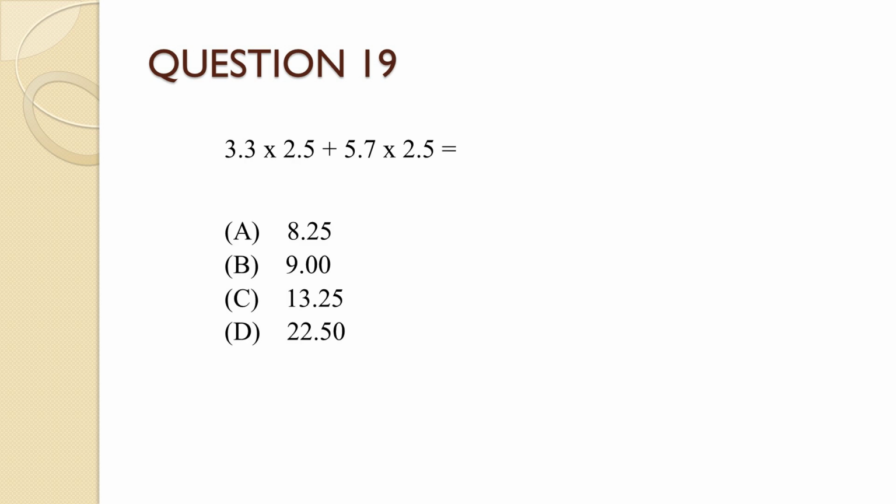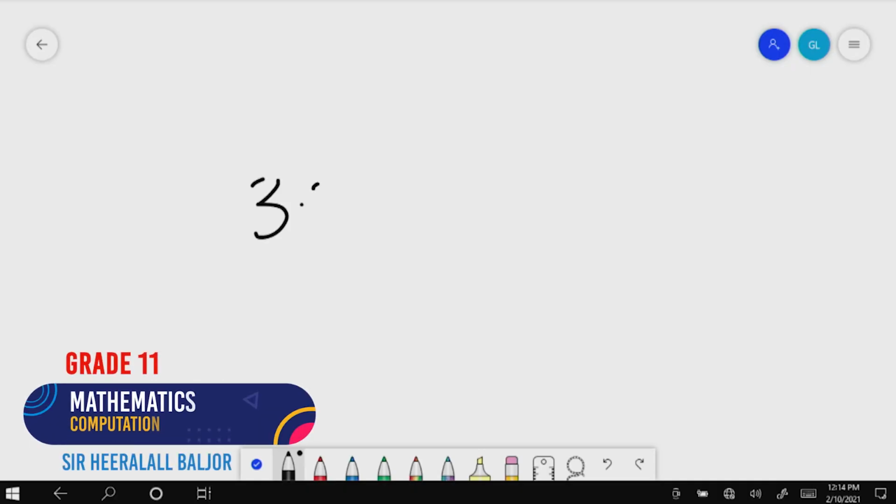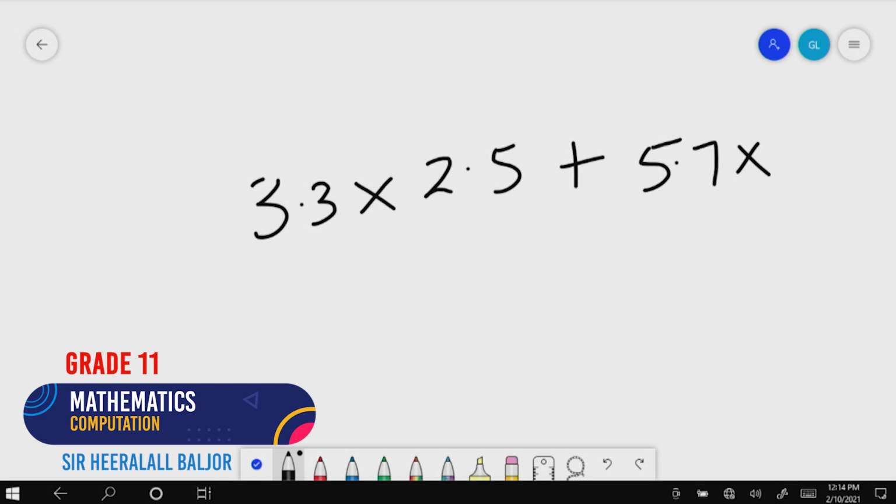3.3 times 2.5 plus 5.7 times 2.5 is equal to. Now, when we look at this question here, 3.3 multiplied by 2.5 plus 5.7 multiplied by 2.5, we would have seen a quantity being distributive throughout the operators.